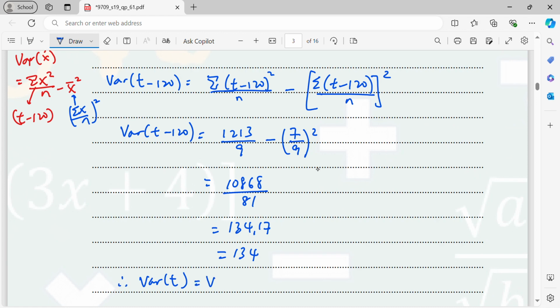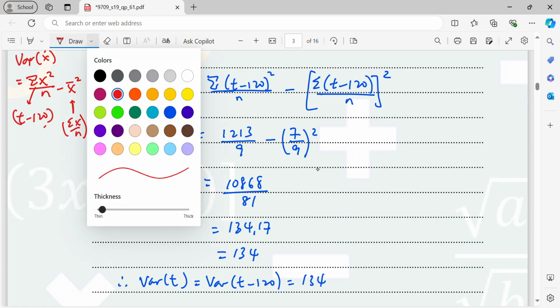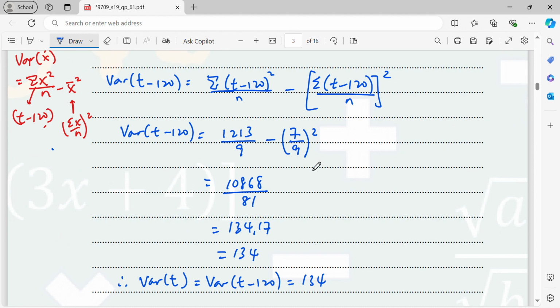Then this is the same as variance of t minus 120, which is the same as 134. That's why I calculated variance of t minus 120 first. Alright, so with this, I have done question number 1.